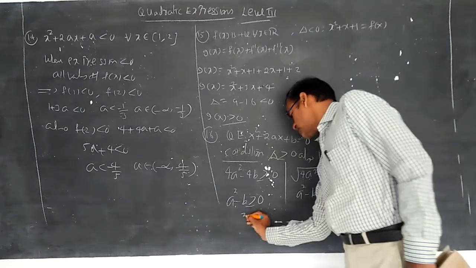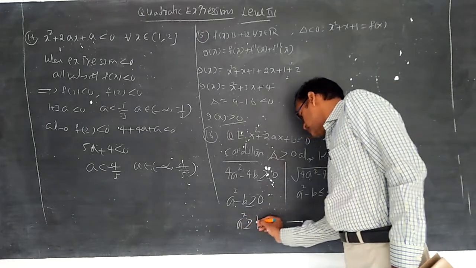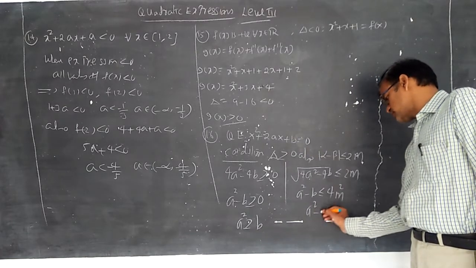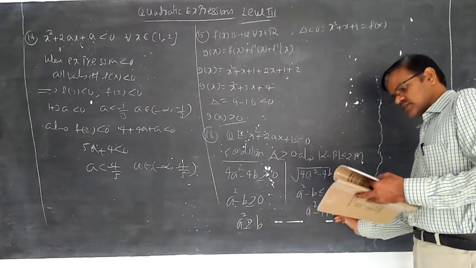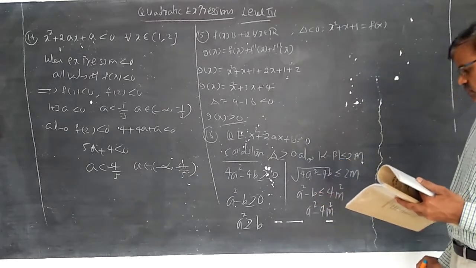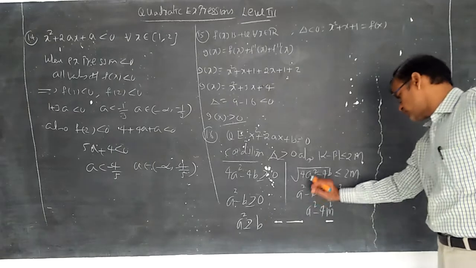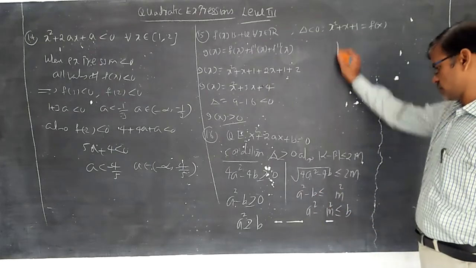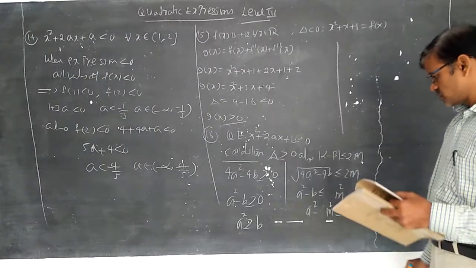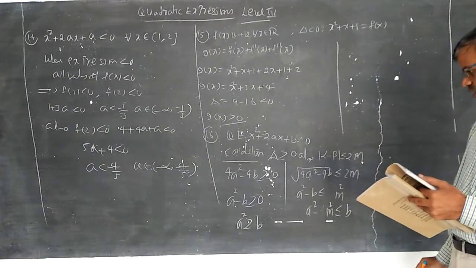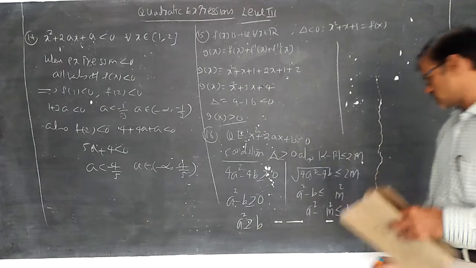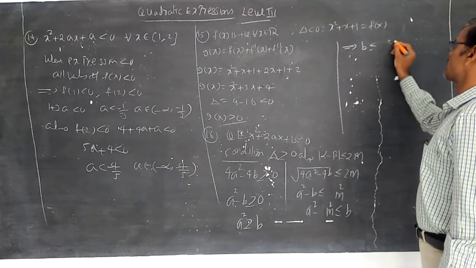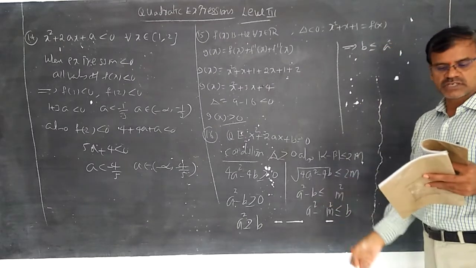Here you can understand a square is greater than or equal to b, and a square minus m square is less than or equal to b. So b is less than or equal to a square. So the maximum value of b is a square.